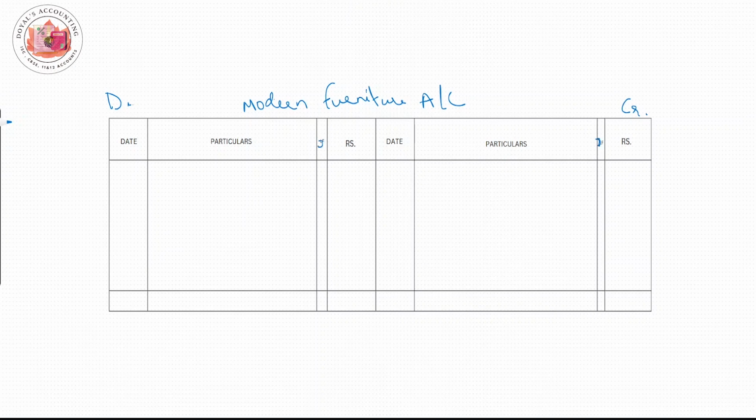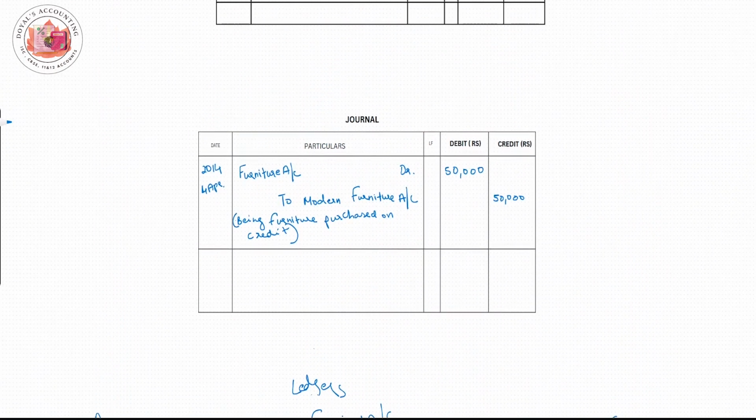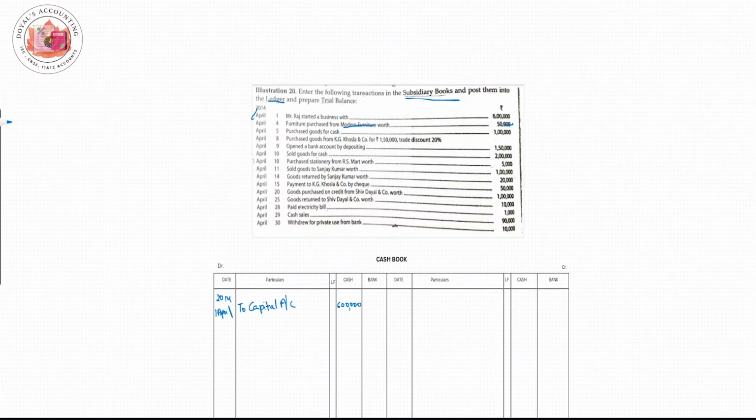This is going to be the journal folio. 2014, 4th April, by furniture account. So that journal entry we are just blindly posting into the ledgers. 50,000. Okay. Let's see the next transaction.